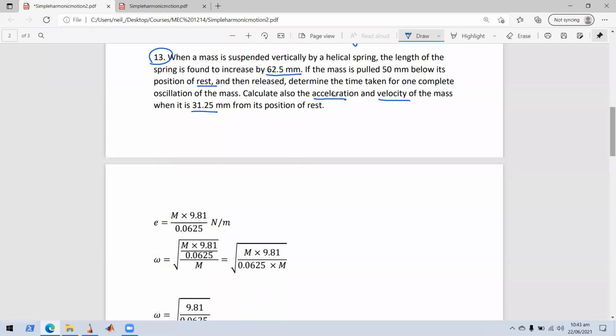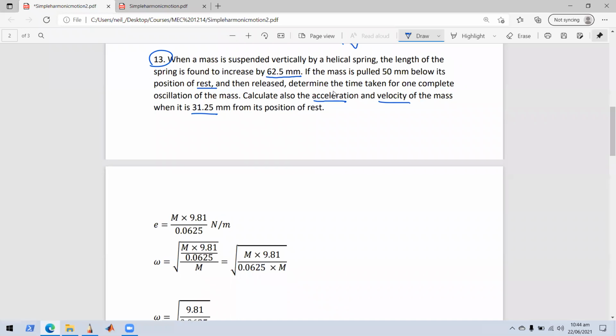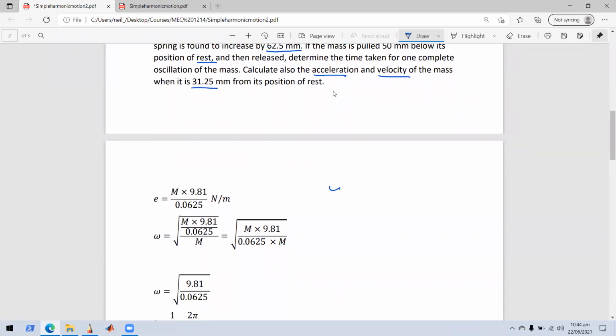So we know omega is equal to the square root of E over M. If we can somehow characterize E, because E is usually M times gravity divided by some distance, let's just say delta X, we can use this M at the bottom to cancel out with the M inside.